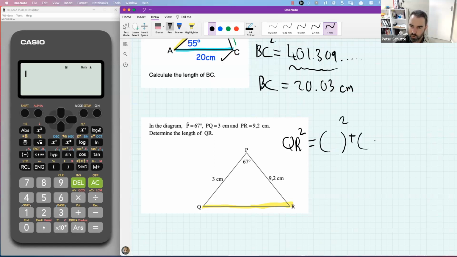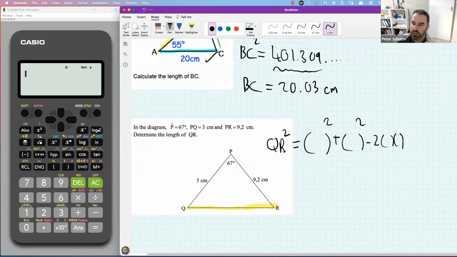So something squared plus something squared minus 2 times this times the cos of something. And I'm going to say that's that. And then the cos is 67.